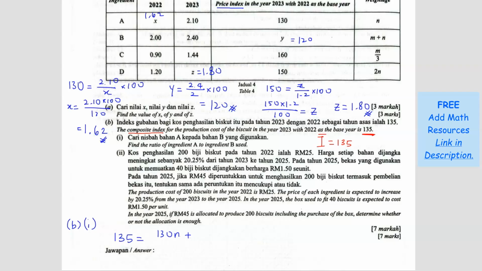So I'm just going to expand it: 120m plus 120n, and then 160 times this, so you get 160, I'm just going to write the fraction, plus 150 times 2n, so it's 300n.